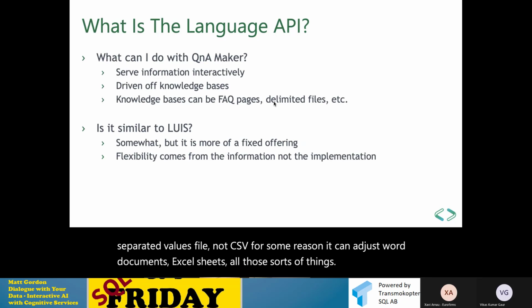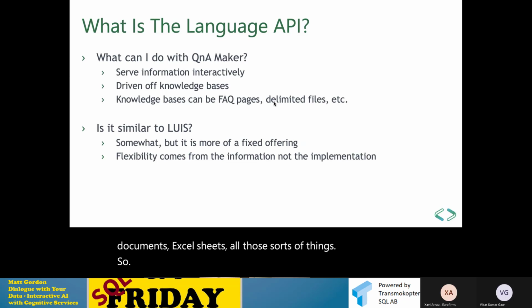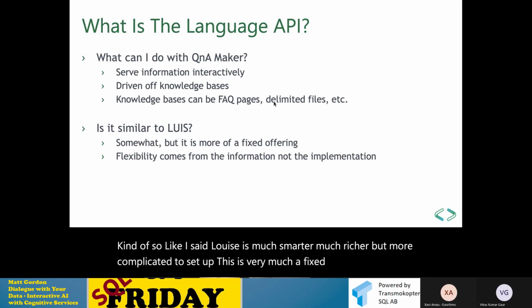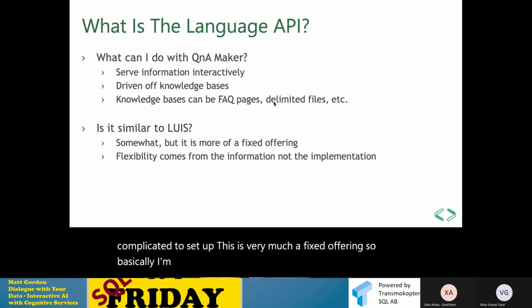So is it similar to what we've just shown? Kind of. Like I said, LUIS is much smarter, much richer, but more complicated to set up. This is very much a fixed offering. Basically I'm pointing a conversational experience at a document, and you're asking the document questions, and you can enrich that a bit.